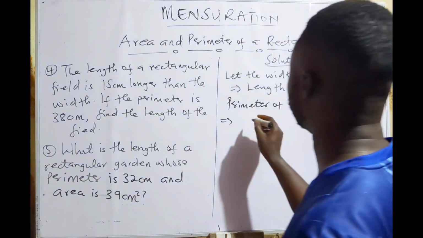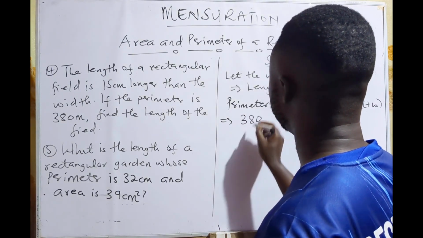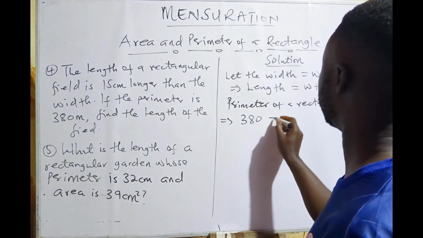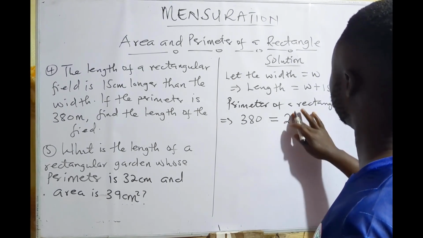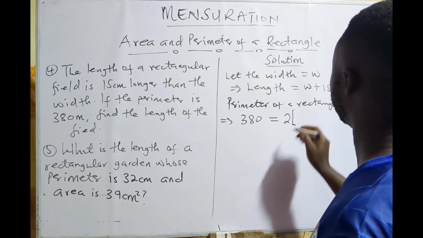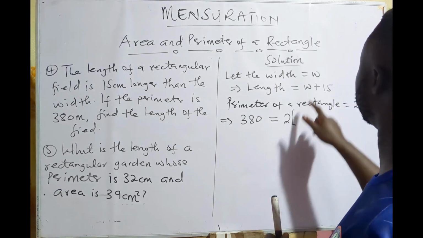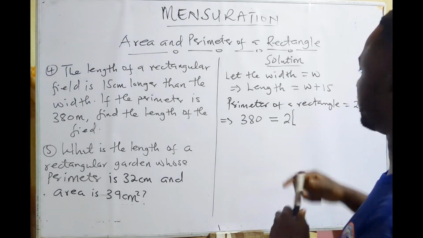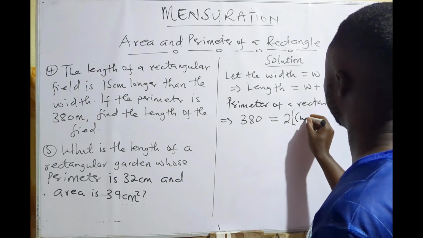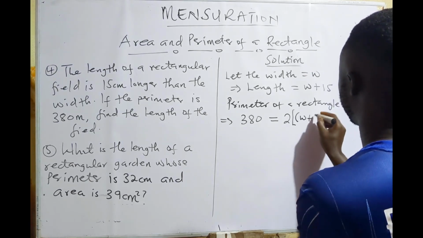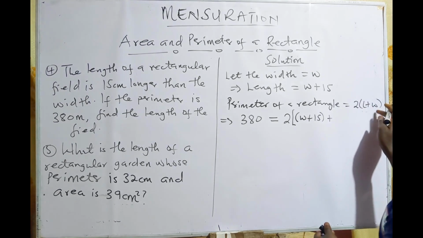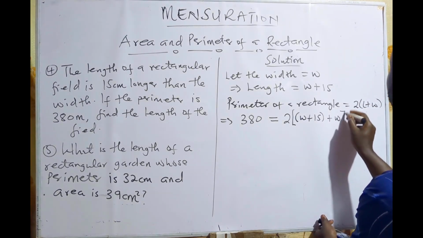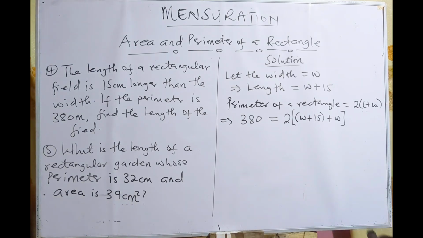As 380. So you see that 380 meters is equal to 2 times. So you open your bracket. So here, what is your length? Your length is W plus 15. So we have W plus 15 plus, so what is your width, which is W? Okay, so we have this.